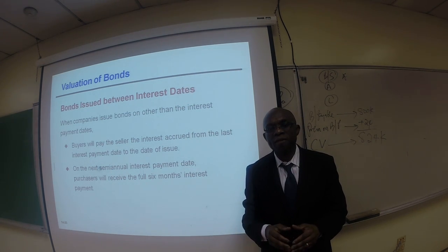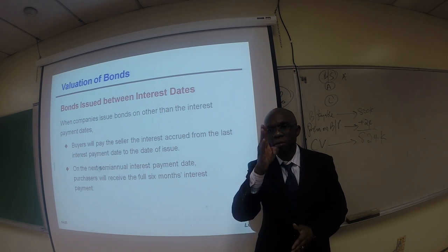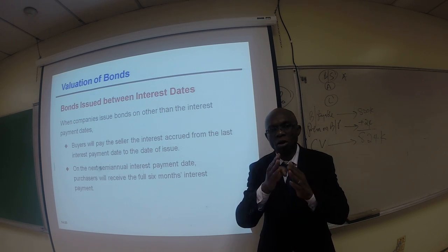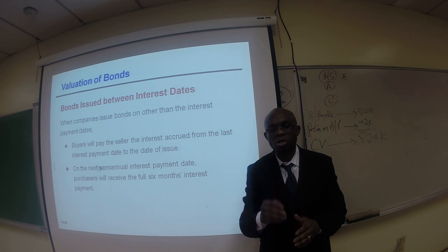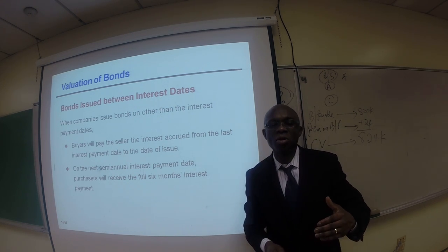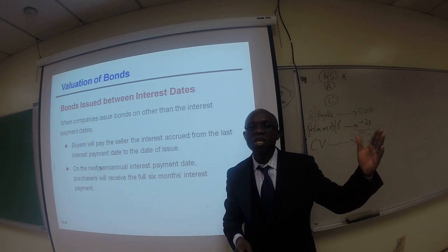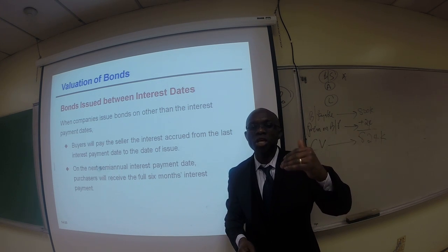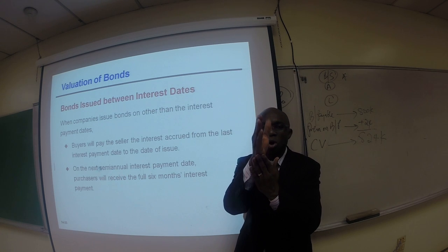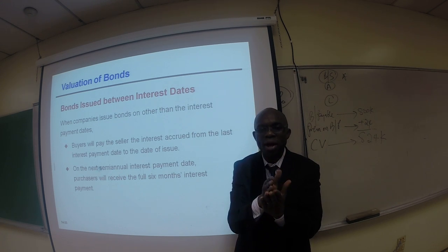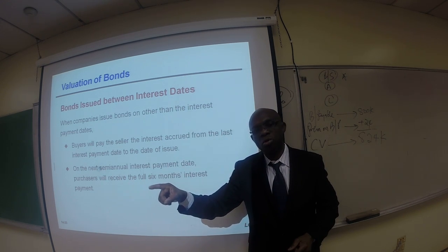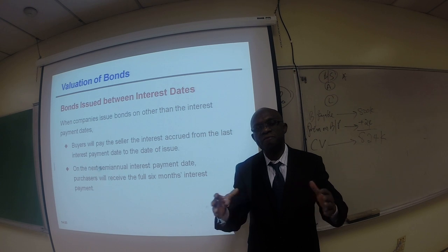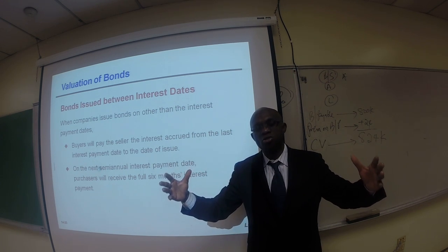However, when an investor buys the bond right in the middle of the first 6 months, in this case March, we ask the investor to pay us the first 3 months interest along with the price of the bond, so that by the end of June we are going to pay the investor 6 months interest.